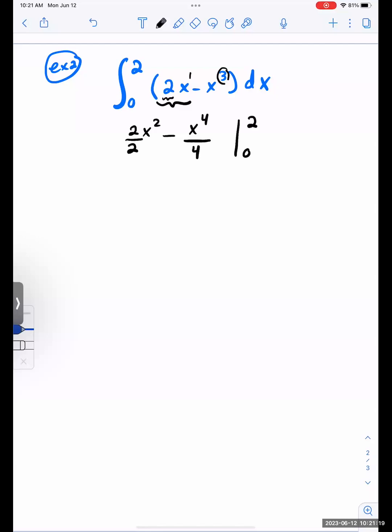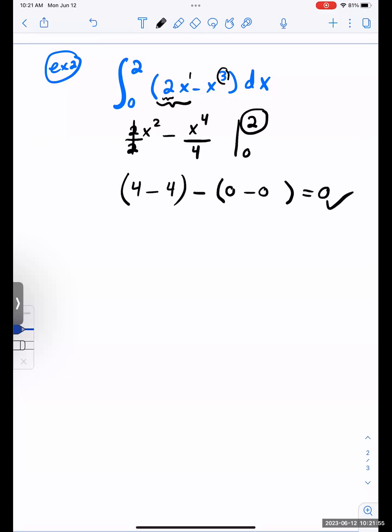Going from 0 to 2. 2 and 2 simplifies. 2 squared is 4 minus upper. Still 2 to power 4 is 16. 16 over 4 is 4. That's substituting 2 that is upper into my equation, minus substituting 0 as the lower into the equation. So the final answer is 0. Awesome job.